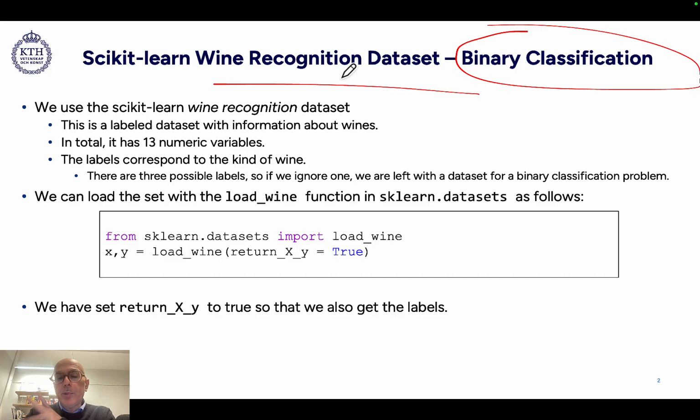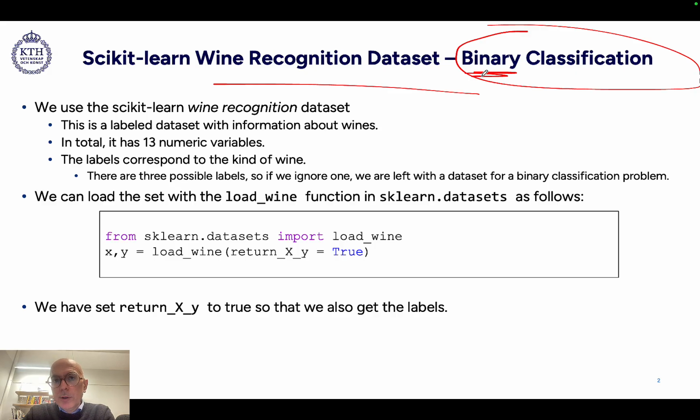There are 3 possible labels, so we're going to ignore one because we want a binary classification problem. So instead of the 3 initial labels, we dropped one and we just focus on classifying either one label or the other one, making a binary classification problem.